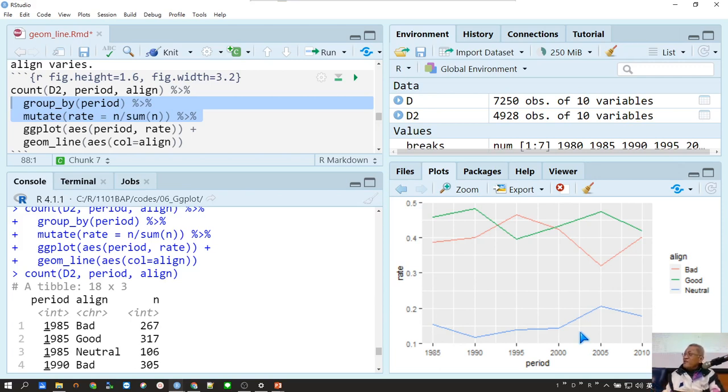Okay? So if I only compare the count, it's not comparable to each other across periods, right? So I make the count into a fraction, right? To make it comparable across the period. You get my point?